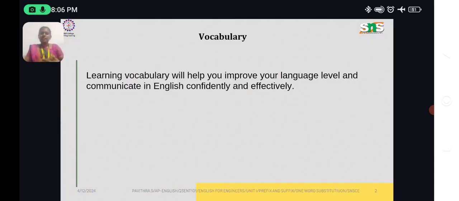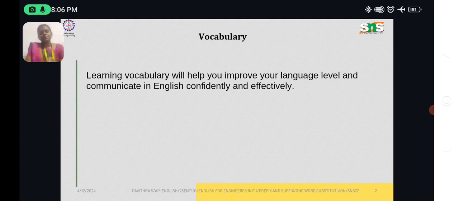Actually, in this slide we have the topic of vocabulary. Learning vocabulary will help us to improve our language level, so that we can communicate in English confidently and effectively. If you are learning many vocabulary words, we will be confident about it, which means we can communicate effectively and confidently.